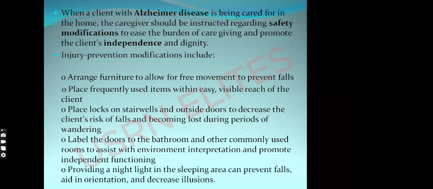Then there will be these two things: beta amyloid plaques and neurofibrillary tangles. Neurofibrillary tangles and plaques. Those are the things that you're likely to find.